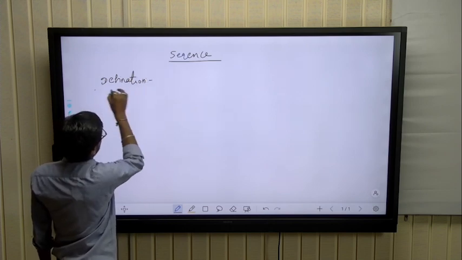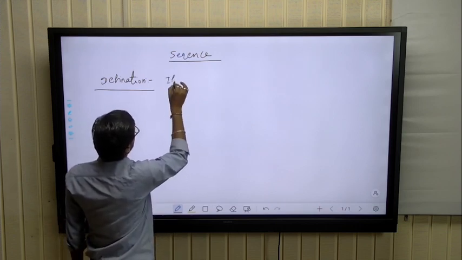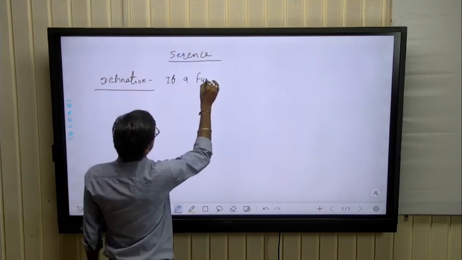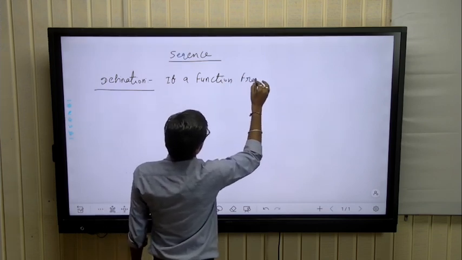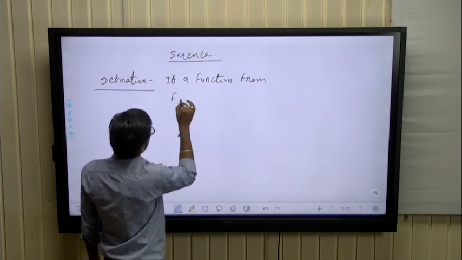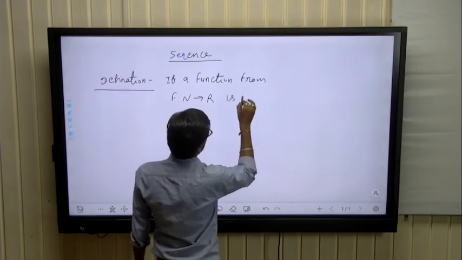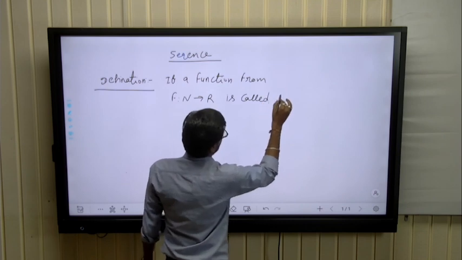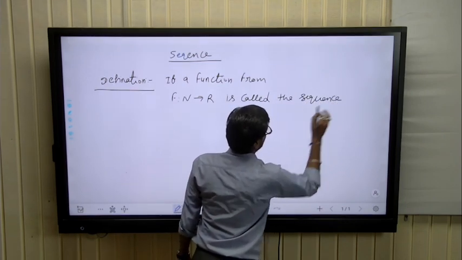Definition. The definition says that a function f from N to R is called a sequence.